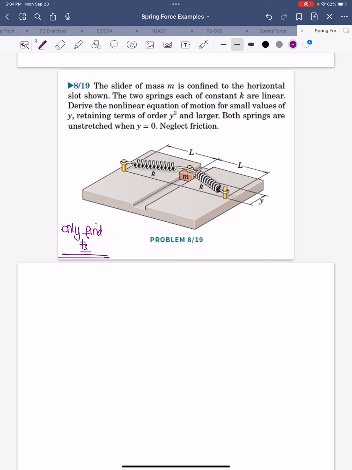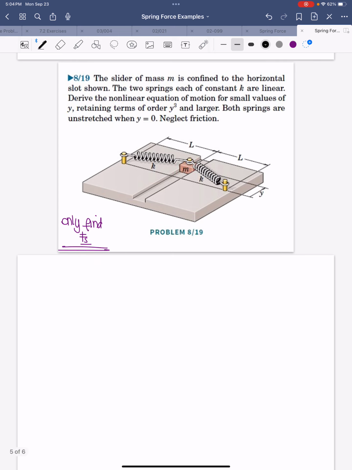The two springs, each of constant k, are linear. Derive the nonlinear equations of motion for small values of y, retaining terms of order y cubed and larger. Both springs are unstretched when y is equal to 0.